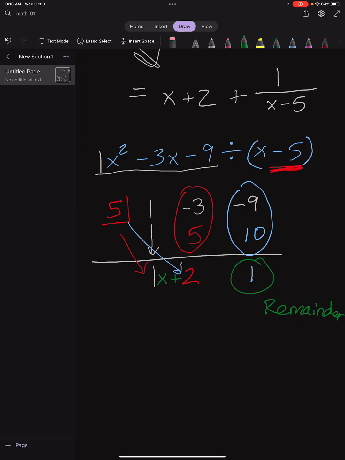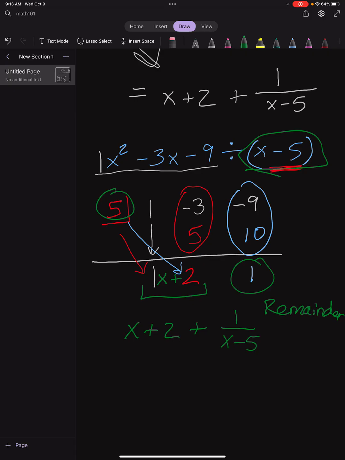This is actually our answer. So my answer is x plus 2, plus 1. And then I have to know how to write this. It's always going to be this number over x minus this number, which is basically this term that we started with. And that's the same expression we had above.